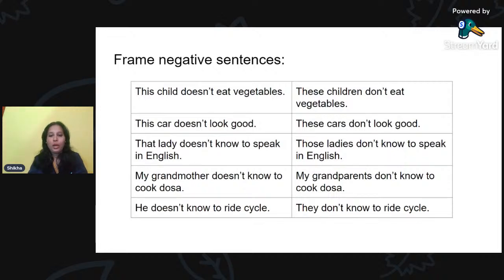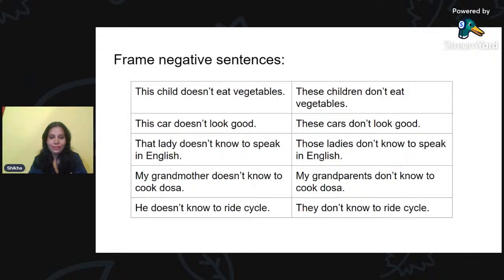Okay. Now, when you frame negative sentences, you have to use does for singular and do for plural. I hope you know that do is the plural form of the verb and does is the singular form of the verb.